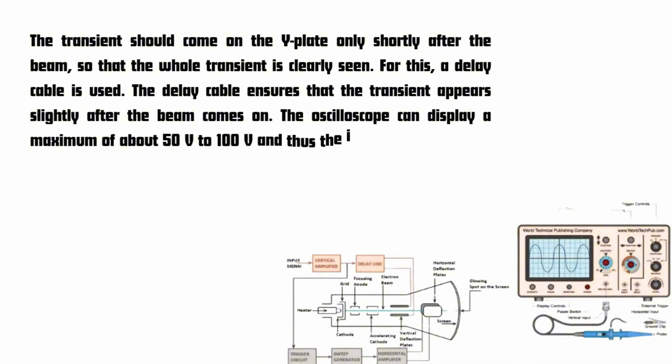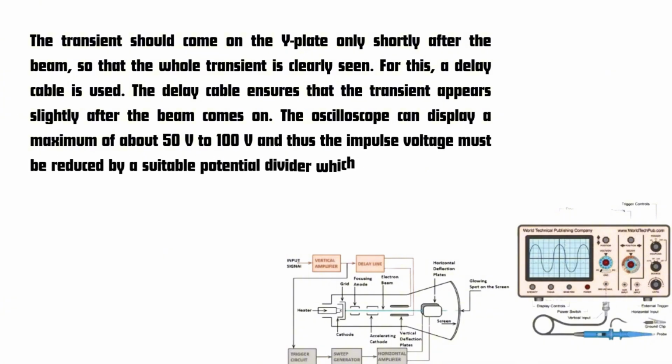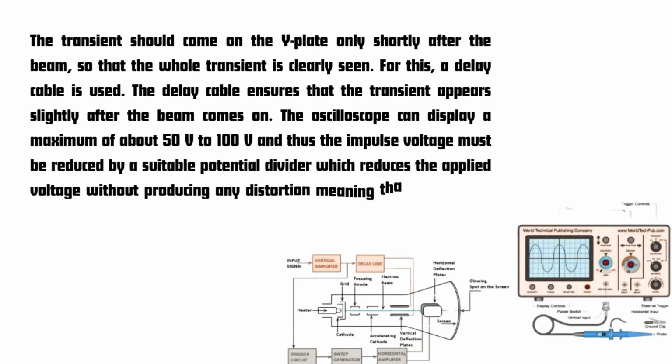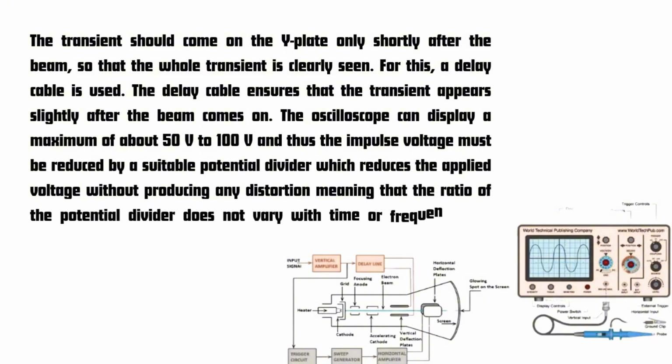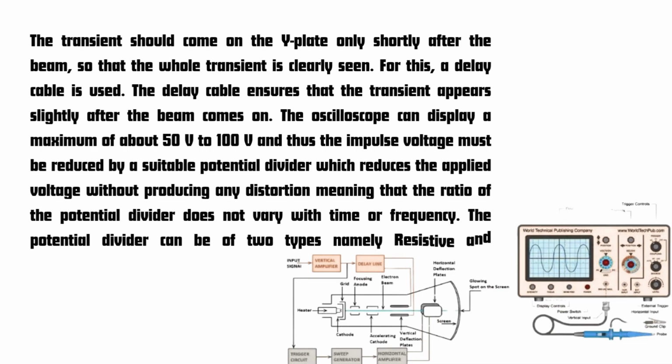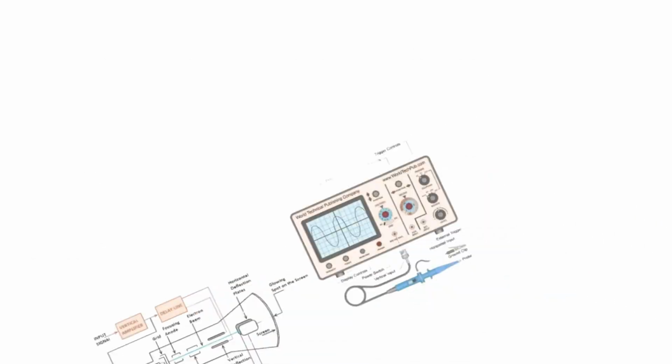The oscilloscope can display a maximum of about 50 volt to 100 volt, and thus the impulse voltage must be reduced by a suitable potential divider, which reduces the applied voltage without producing any distortion, meaning that the ratio of the potential divider does not vary with time or frequency. The potential divider can be of two types, namely resistive and capacitive.